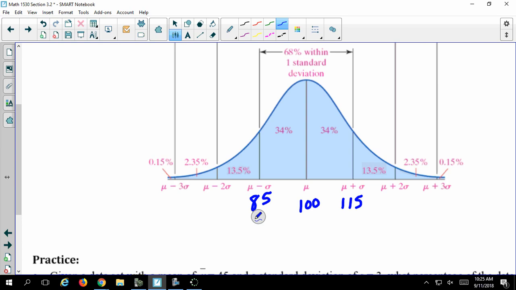And because the mean is right in the middle and your normal distribution is symmetrical, we can divide that 68 by 2 and know that there's 34% in each piece. There's 34% from the mean to 1 standard deviation more, and 34% from 1 standard deviation less than the mean up to the mean.